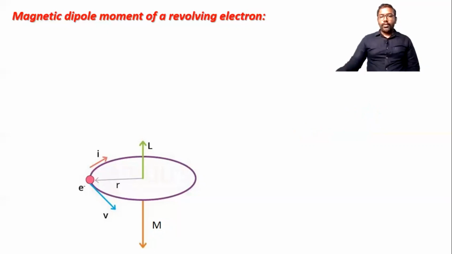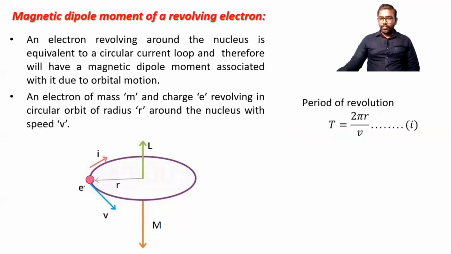First we write the period of revolution of this revolving electron. In the circular motion article, we already learned the period of revolution formula, 2 pi r by v. Then the equivalent or circulating current produced by this revolving electron is charge by time.